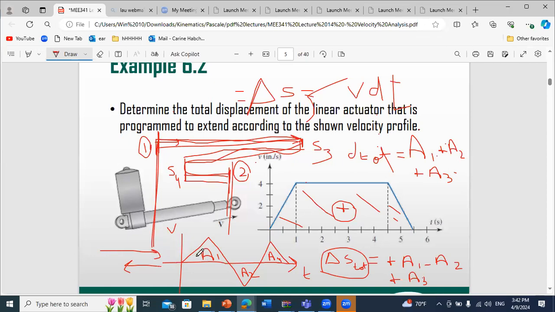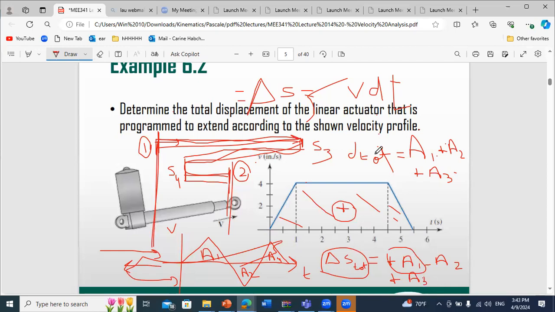So here in zone 1, you have v positive, so you do plus a1 for delta S1. While in zone 2, you are moving backward, so your displacement is being reduced, so you do minus a2. And finally, you are moving again in the positive direction, so you add plus a3 to get the total displacement.